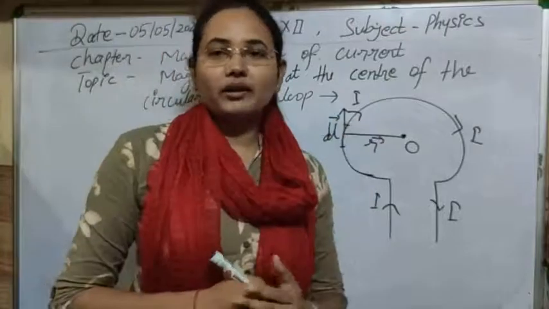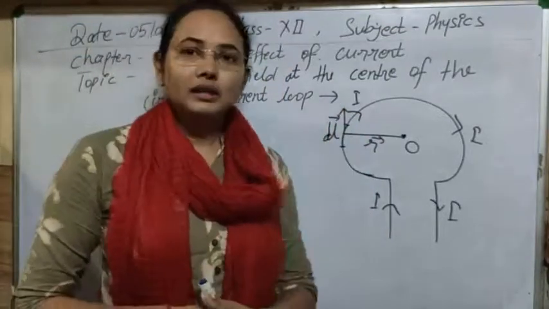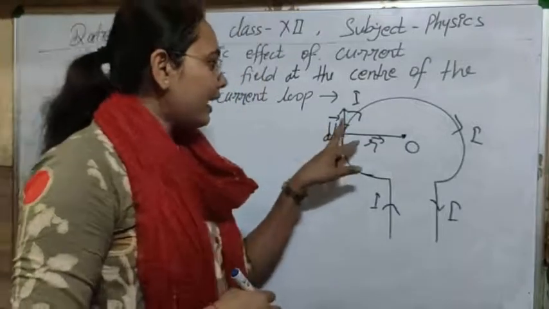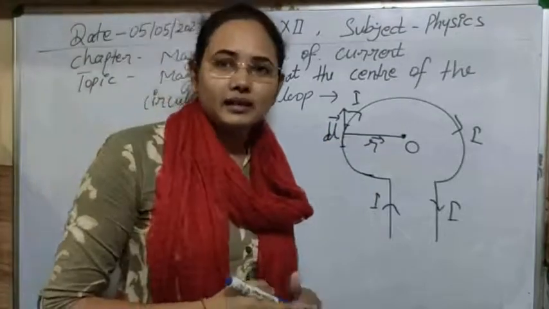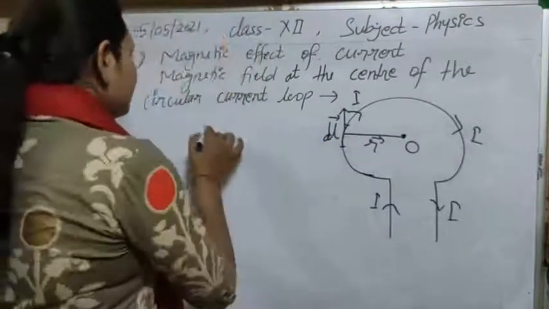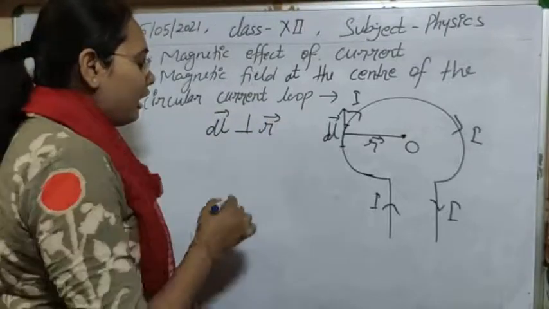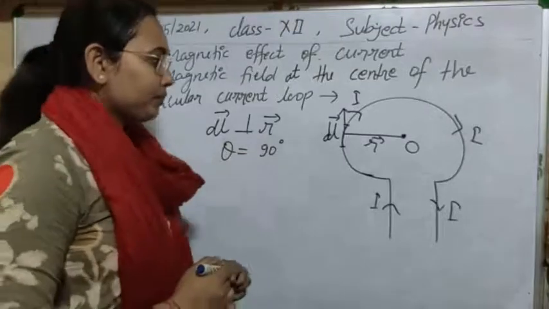So if you draw a tangent at this point, it shows the direction of the current element dl. It is very clear that the angle between the position vector and the current element is 90 degrees. So dl is perpendicular to r, that is, theta is 90 degrees.